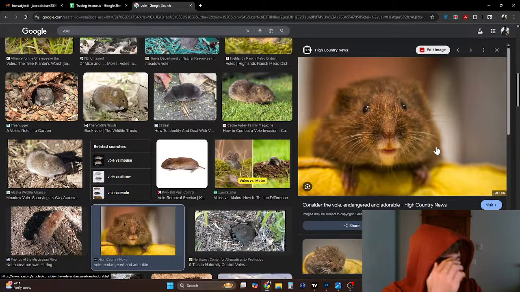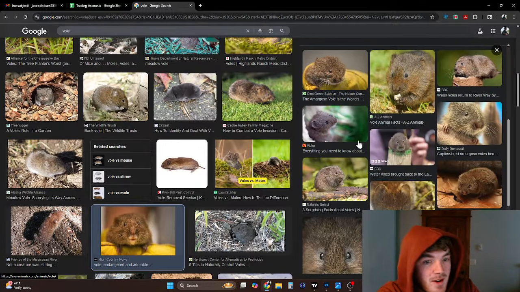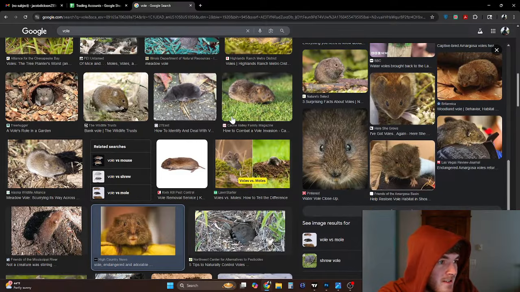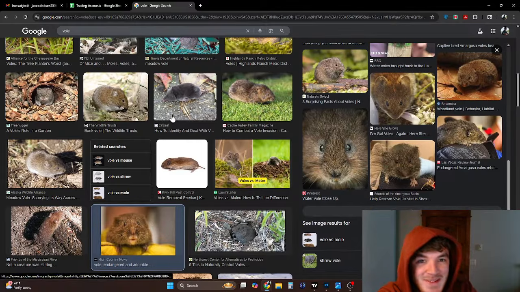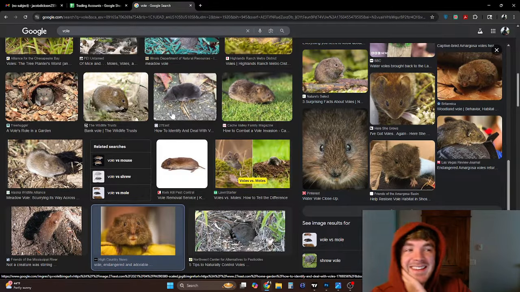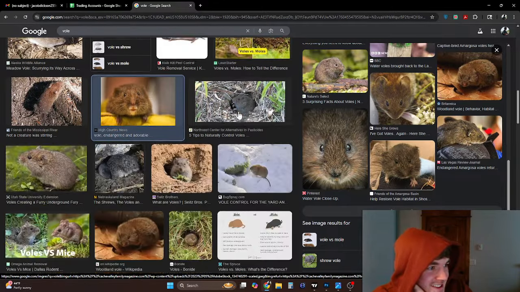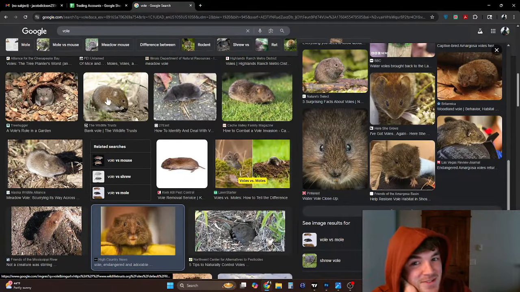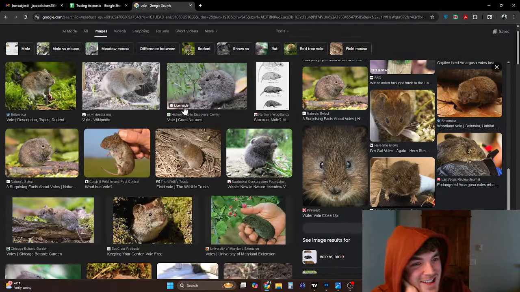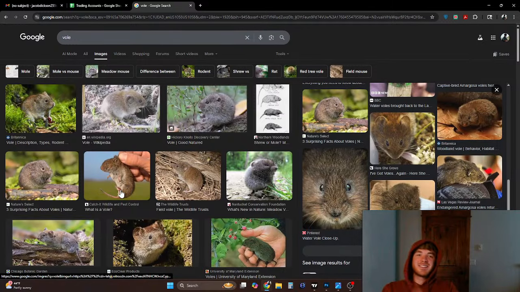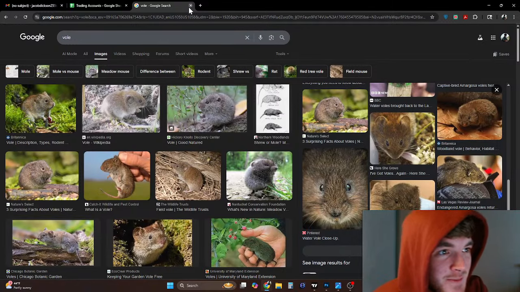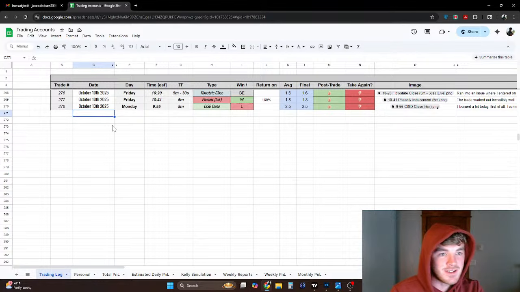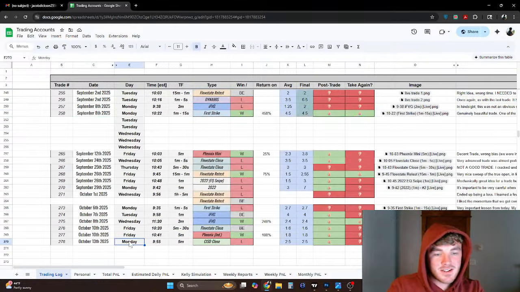I think we gotta make a vole model. I like it. But yeah, this thing is definitely what's outside the window, bro. I was gonna take a picture, but it's kind of hiding right now. Okay.